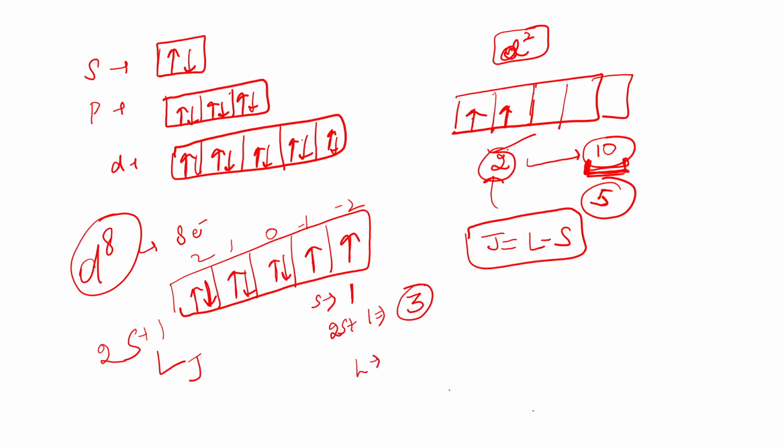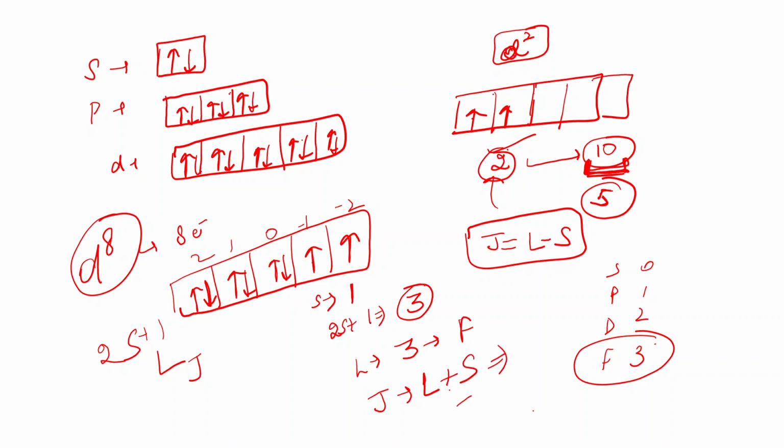It will be 3, and 3 corresponds to F. So 3F. For the J value, you may see there are 8 electrons, so 8 is more than half filled. So you will use L plus S, so it will be 3 plus 1, that is 4. So the answer will be 3F4. Now it is clear? Yes, ma'am.